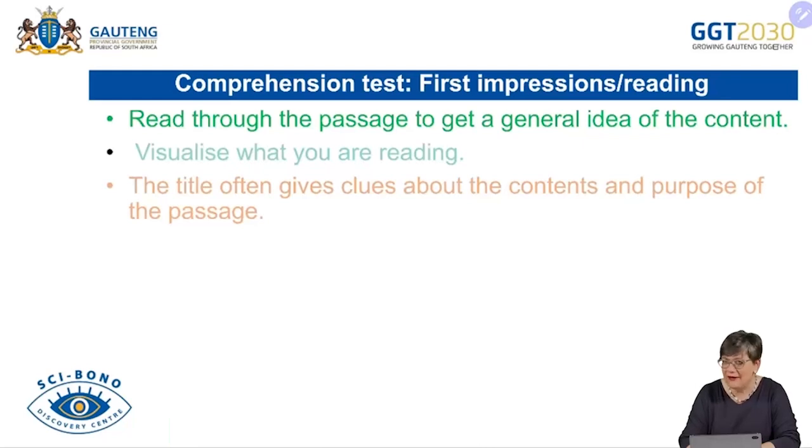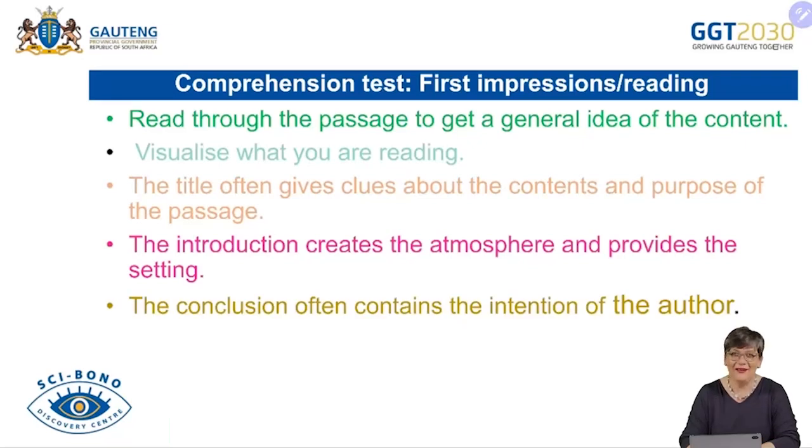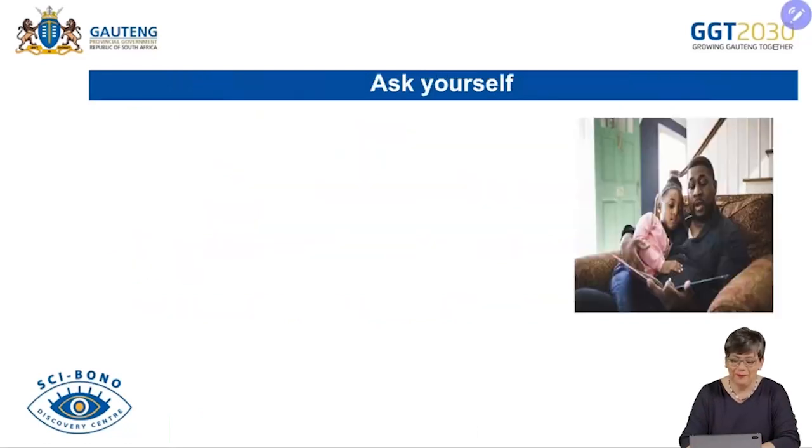The title will definitely give you some clues about the contents of the text. We might even throw in a question about the title. The introduction will set the mood and will give you an idea what's going to happen next. And obviously, the conclusion will sum it up. So be very wary when you read them.